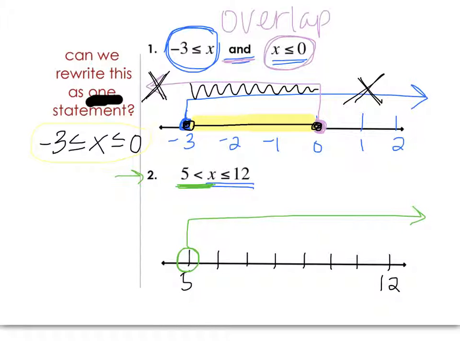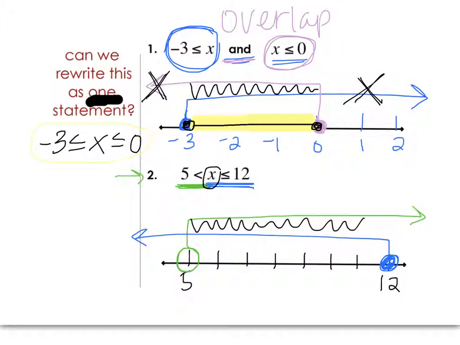Everything bigger. And x is less than or equal to 12, so a closed circle on 12. Everything smaller. x is in the middle, so I want the stuff that's in the middle. I want this overlap. So your final answer is this shade right here, that middle shade. Everything in between 5 and 12.